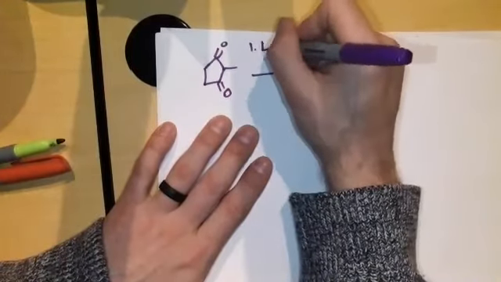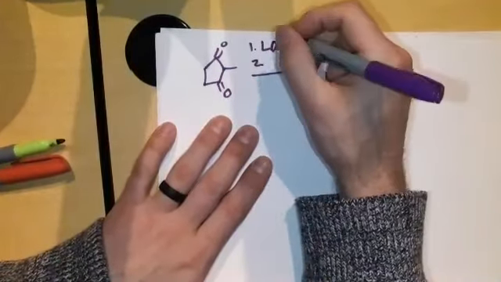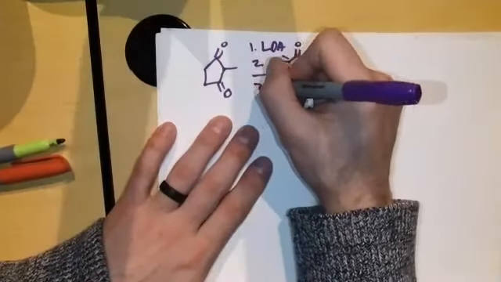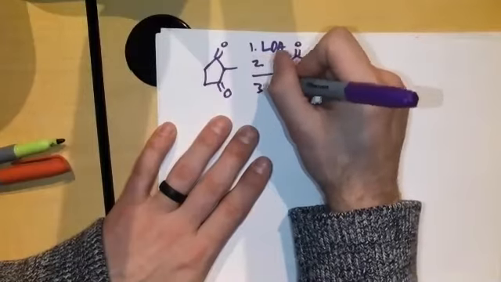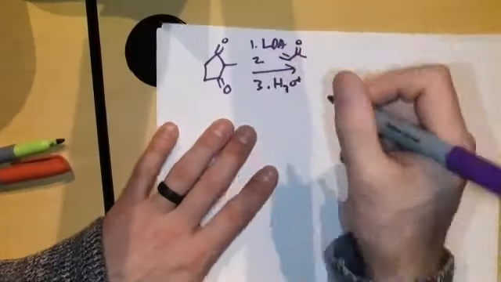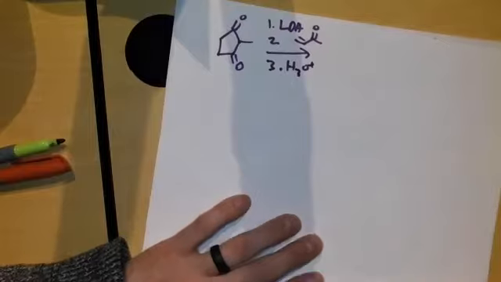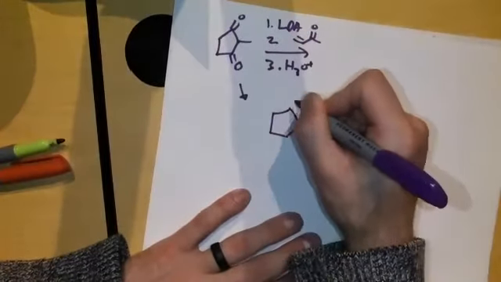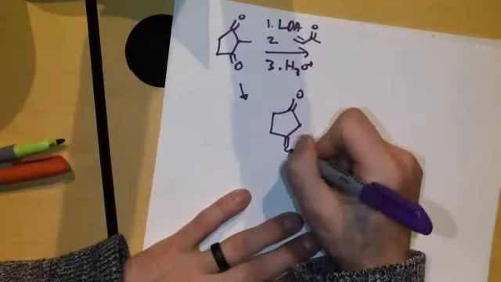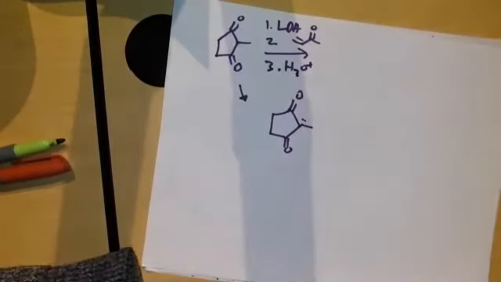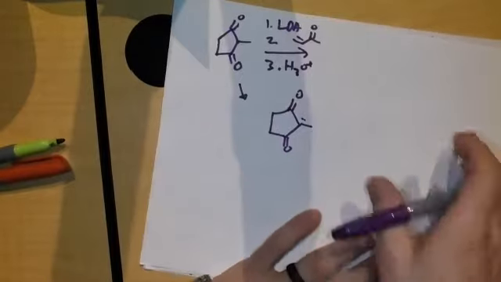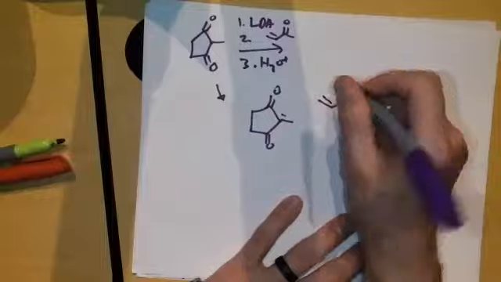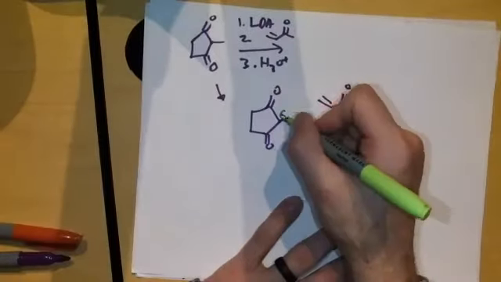I'm going to do this one with LDA just to reiterate that point I talked about a second ago, that it doesn't really matter what base you use. Still going to have the same first step. Just going to make our enolate between our two ketones. We can do an attack on our Michael acceptor.